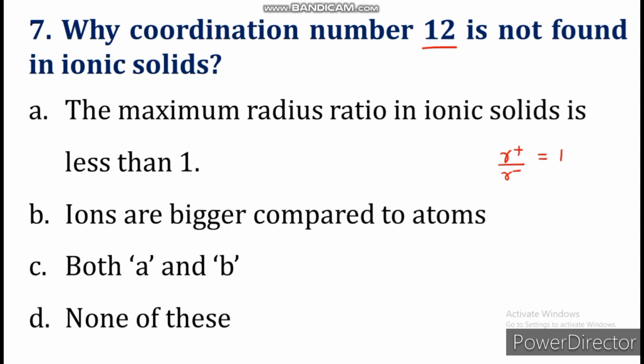But in ionic solids the radius ratio is always less than 1, so coordination number is not 12. It will never happen. So which option? Option A, the maximum radius ratio in ionic solids is always less than 1.